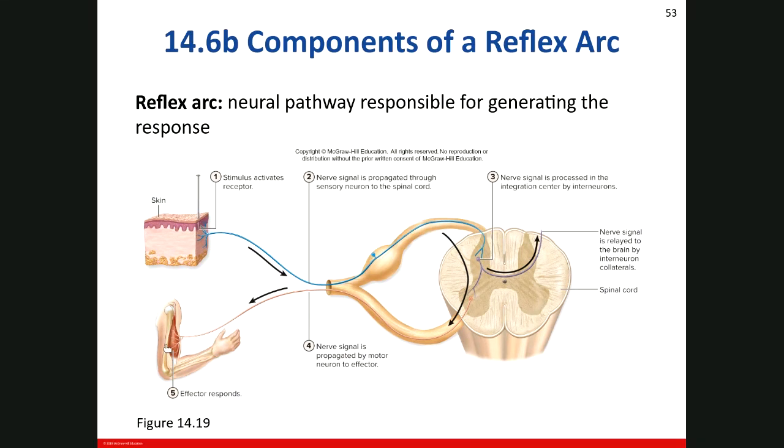The effector responds to the nerve signal from the motor neuron. An effector is a muscle or gland that shows the response to our nerve signal. The response is intended to contract or remove the original stimulation. So this is a reflex arc, and in all reflex arcs, we have all of these 5 parts.